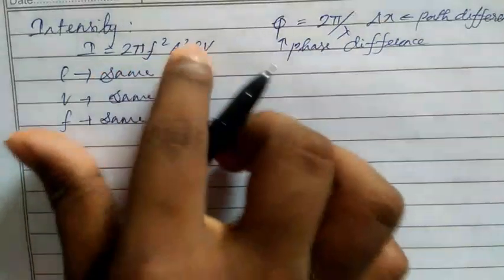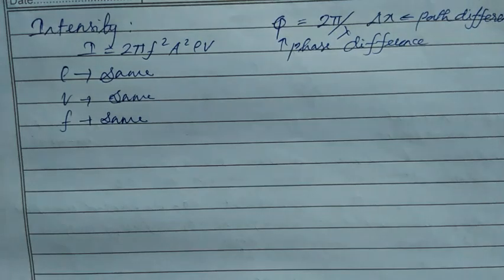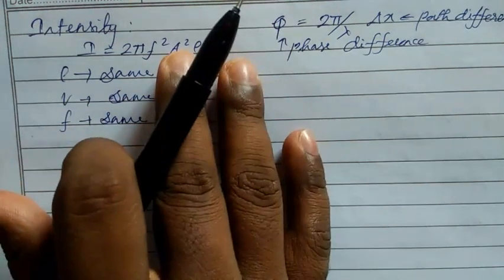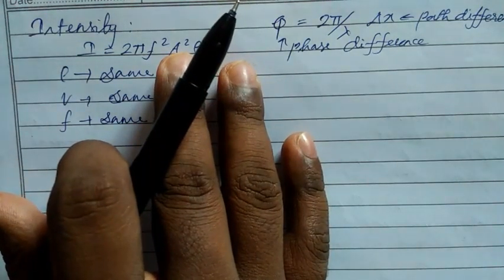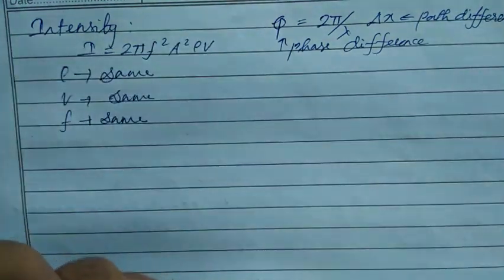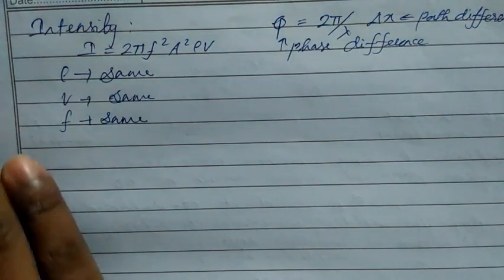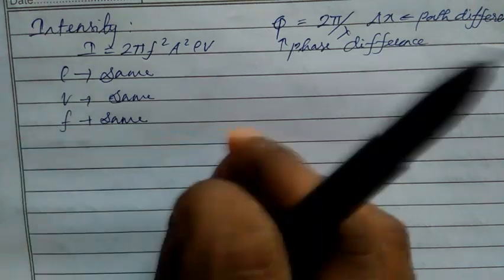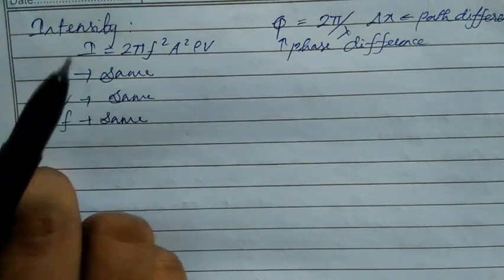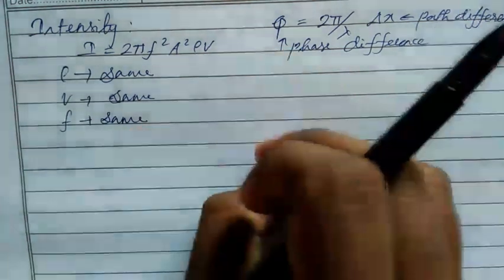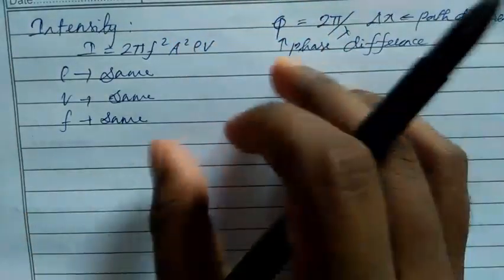Then this 2 pi f we can say omega equal to 2 pi f. So all these quantities are the same, then the area will be different. The area depends on the light incident on a particular area. Clear? So when we incident from a distance, the area will change. When we decrease the distance, the area will be smaller.